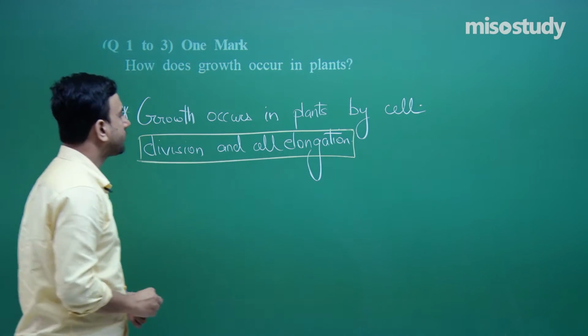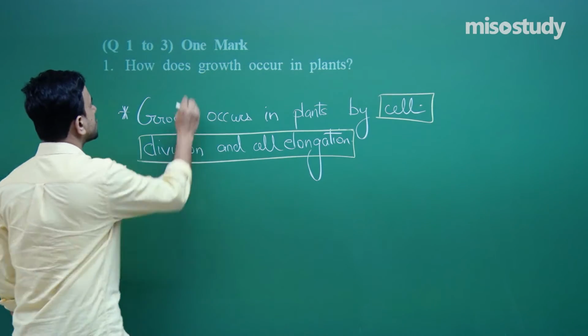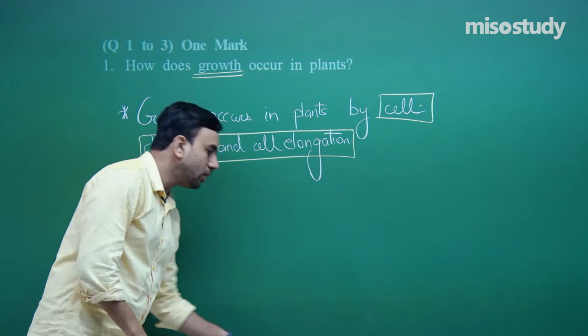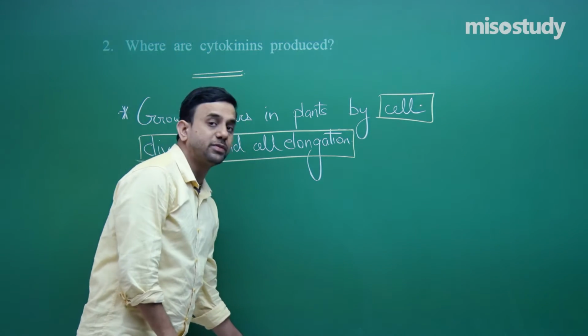Okay? The growth occurs in plants by cell division and cell elongation, and this is how the growth occurs in plants. We move on to the next question: where are the cytokinins produced?